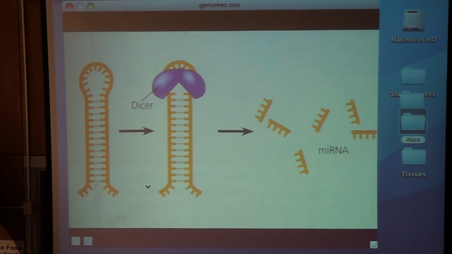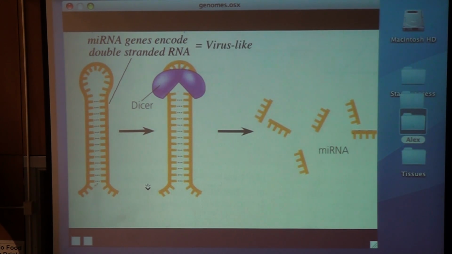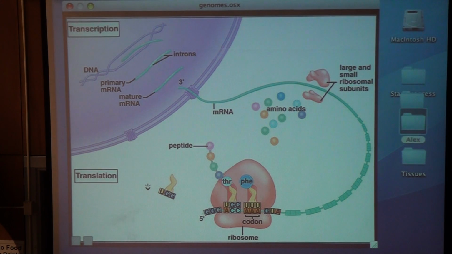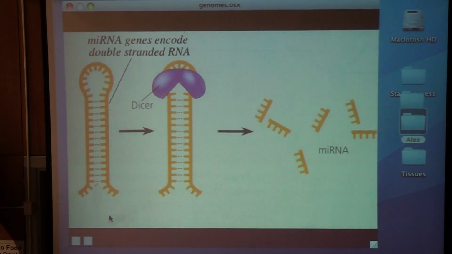But one type of organism where you do find double-stranded RNA is in viruses. Certain viruses, matter of fact, a lot of viruses are RNA viruses, where the viral chromosome is RNA. And for some of these RNA viruses, the RNA is actually double-stranded.